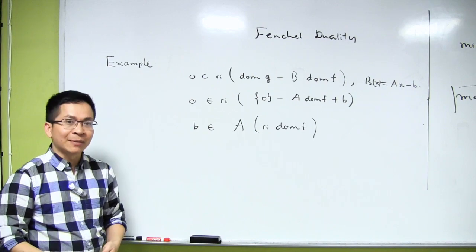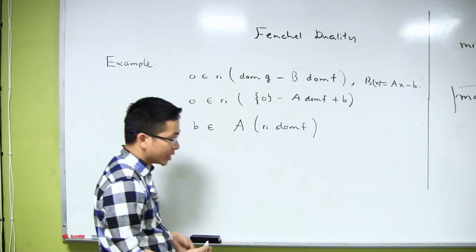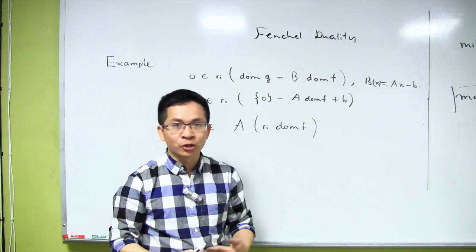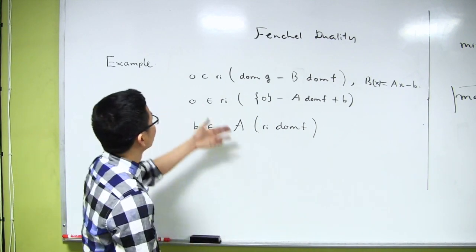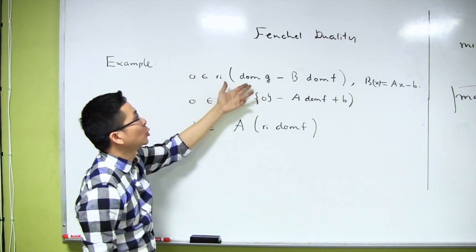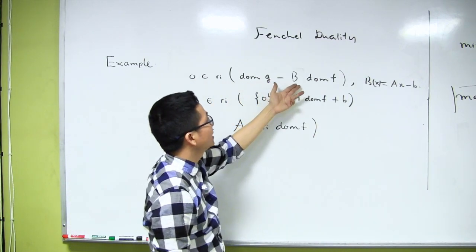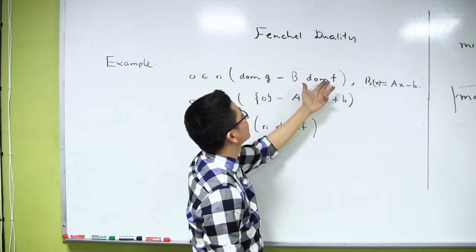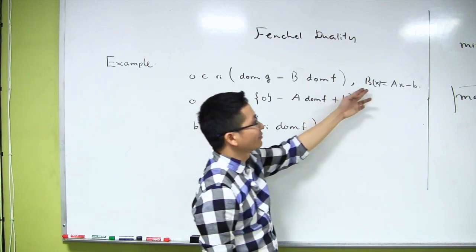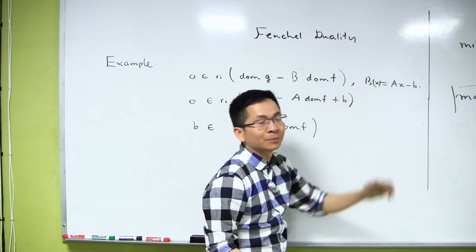One more thing in this example, we would like to know under what condition Fenchel strong duality holds. So the condition is that 0 belongs to the relative interior of the domain of the function g minus B of the domain of the function f, where B of x is Ax minus b.